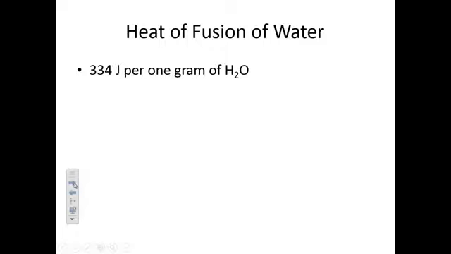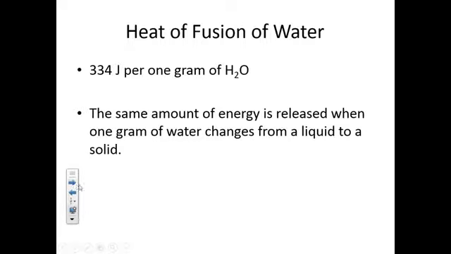So you might remember when we were studying this in Chapter 9 that a joule is an energy unit, and you need that much energy to melt 1 gram of water. To change 1 gram of liquid water to solid water, that energy would be released. So the heat of fusion of water is 334 joules per 1 gram of H2O.